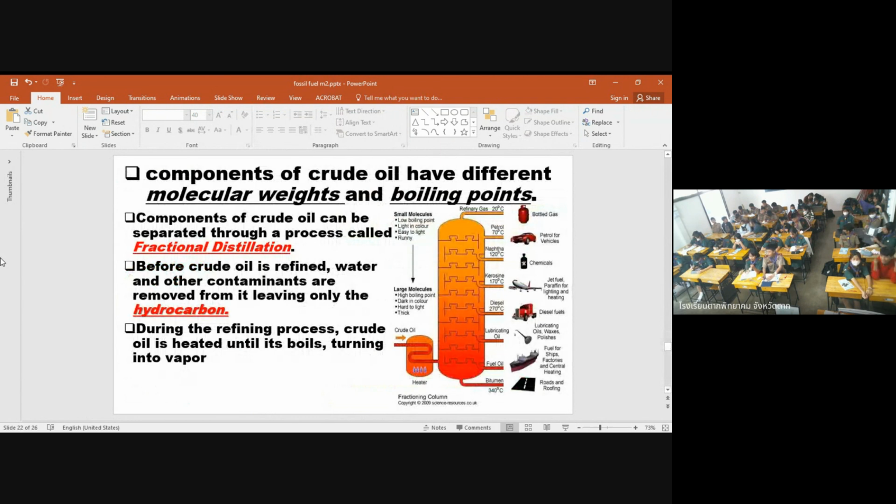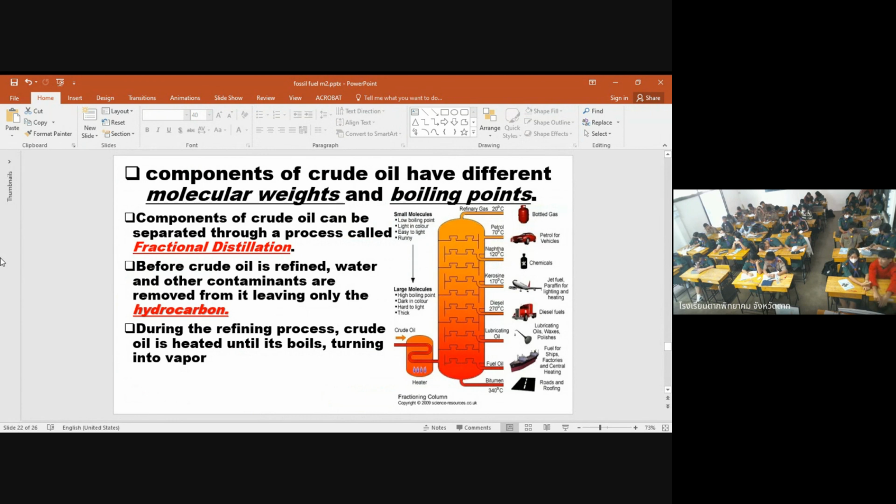Components of crude oil have different molecular weights and boiling points. So components of crude oil can be separated through a process called fractional distillation. This is what you call the process.